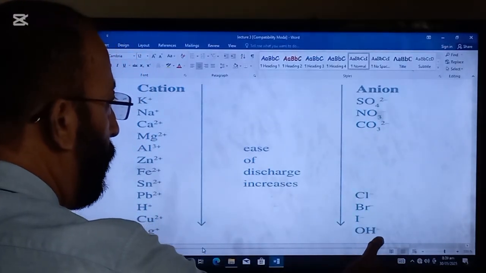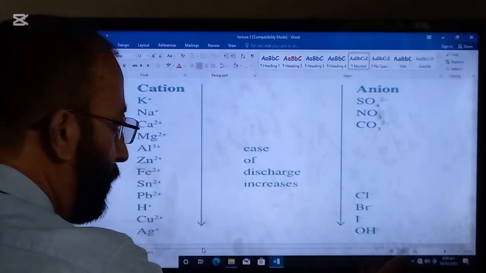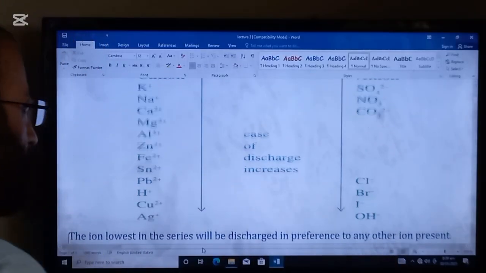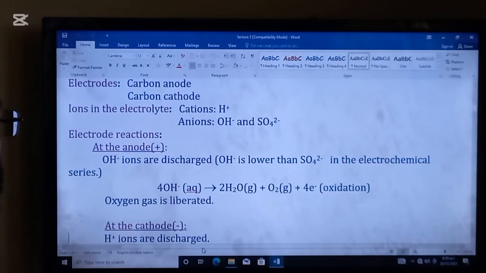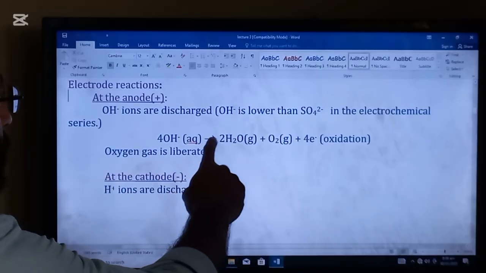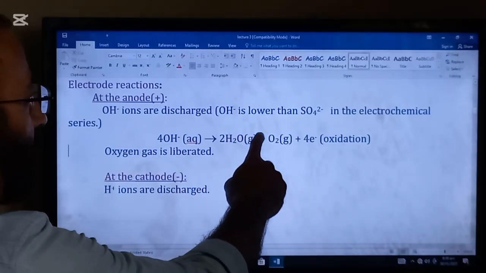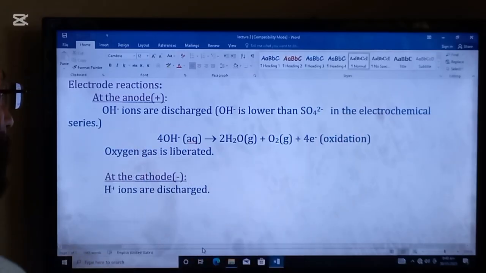Ease of the discharge increases as we go down the series. So OH- will be discharged. OH- ions are discharged because OH- is lower than SO4 2- in the electrochemical series.